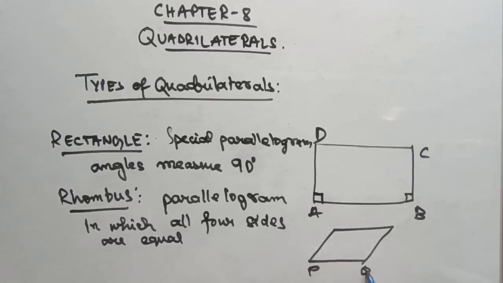So PQRS is a rhombus in which side PQ, QR, RS and PS, that is all four sides, are equal in length. So a rhombus is a parallelogram in which all four sides are equal in length.